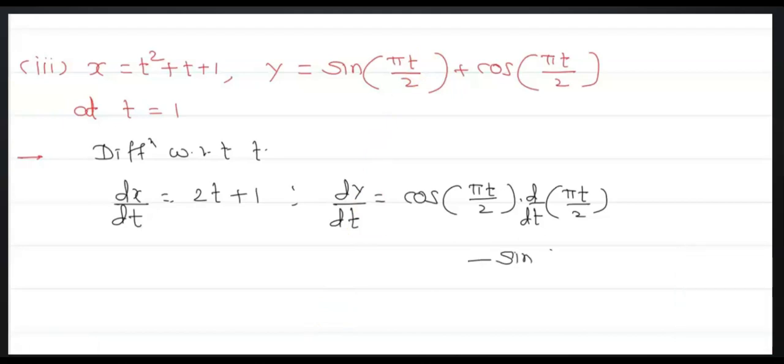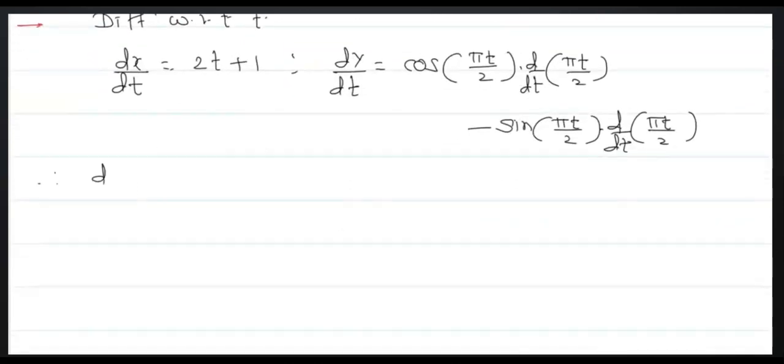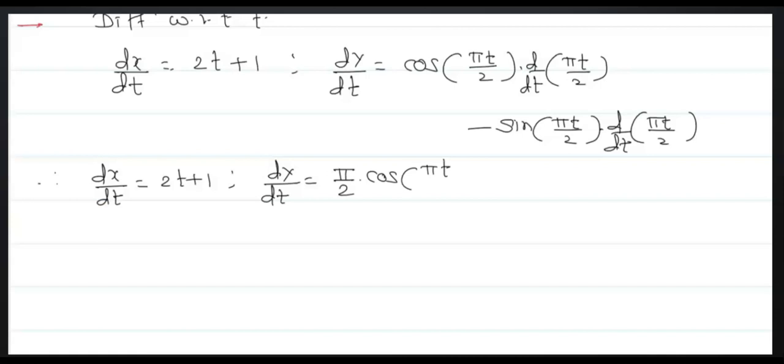Therefore, dx upon dt is equal to 2t plus 1, and dy upon dt is equal to pi upon 2 cos of pi t upon 2 minus pi upon 2 sin of pi t upon 2.